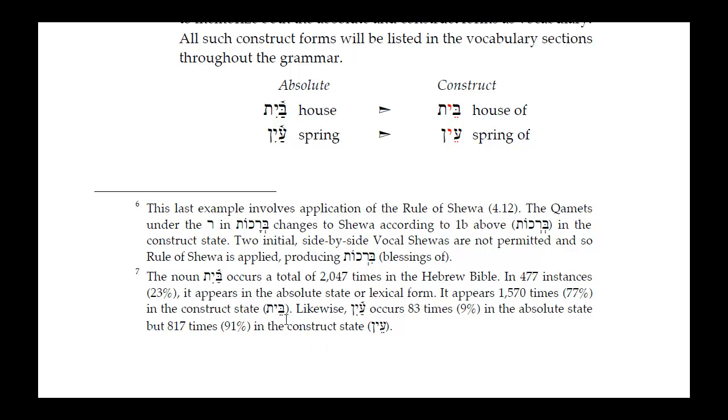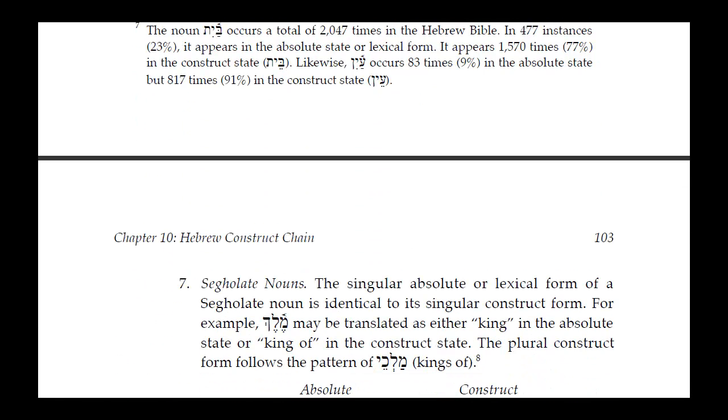Likewise, ayin occurs 83 times, which is 9%, in the absolute state, but it appears 817 times, which is 91%, in the construct state. So like I said, it's very interesting to notice those things here.